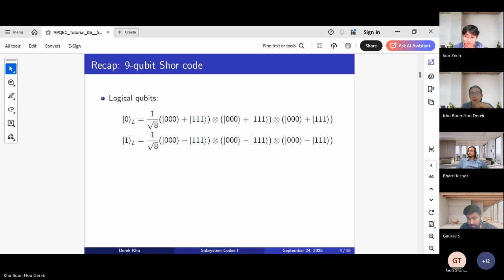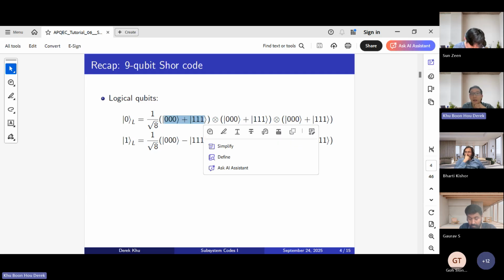As a recap, these are the logical qubits of the 9-qubit Shor code. We have the 0 logical qubit represented by this state. So this is effectively the inner repetition code, and then the outer repetition code looks like this, right?